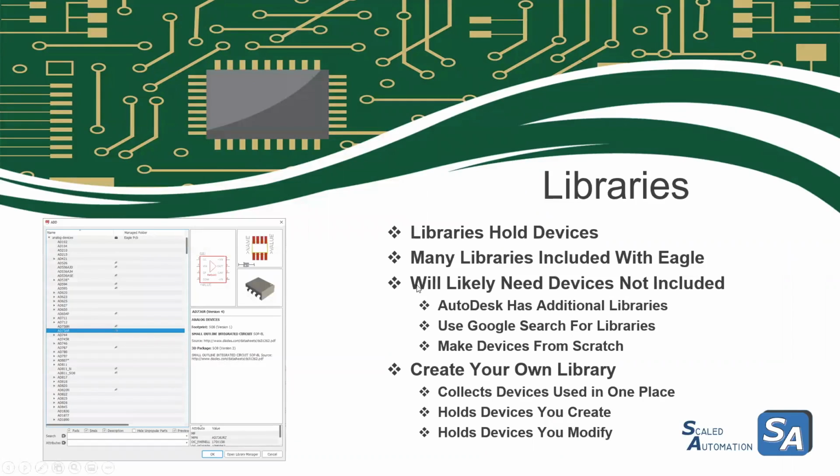Likely, sooner or later, you're going to need some devices that are not included, because there are thousands of devices out there in electronics nowadays that you're not going to necessarily have in your library. So AutoDesk actually has additional libraries, and those libraries are not hard to find. We're going to do a Google search real quick and take a quick look at that.